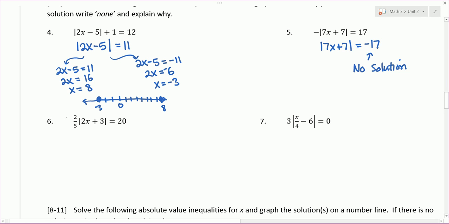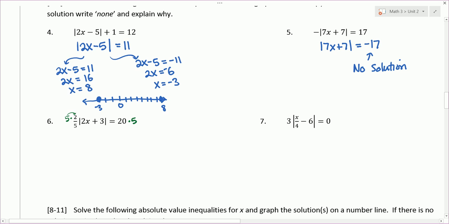If I multiply the right side by 5 and multiply the left side by 5, so right and left. On the left hand side, when you multiply that by 5, you're going to get 5 times 2 only. It only multiplies with the top part of that fraction, and then you're going to divide by 5.